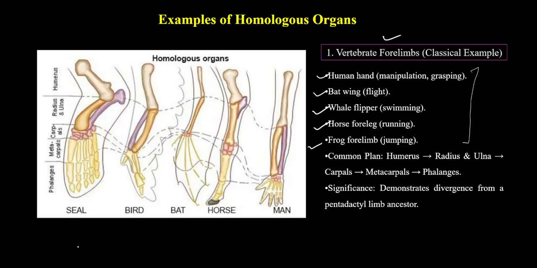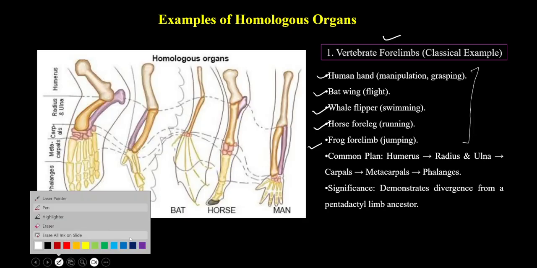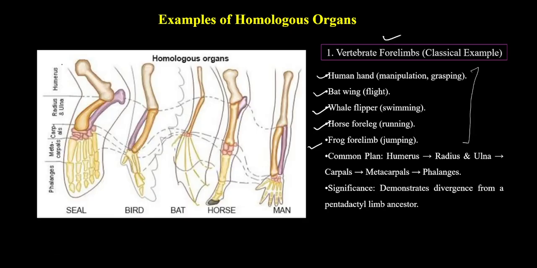Basically, their structure is like that. They have a humerus, then the radius and ulna, then the carpals, then metacarpals, and then phalanges.